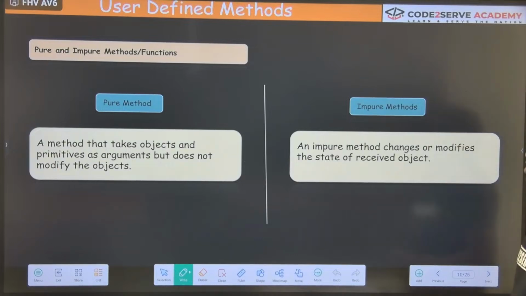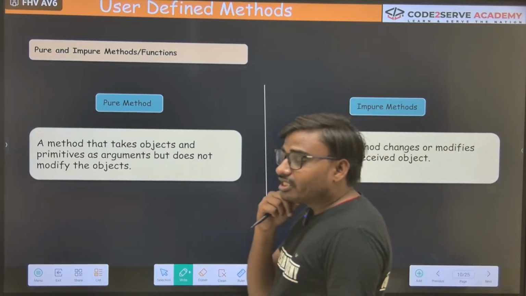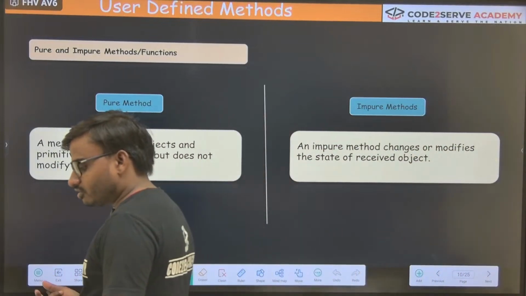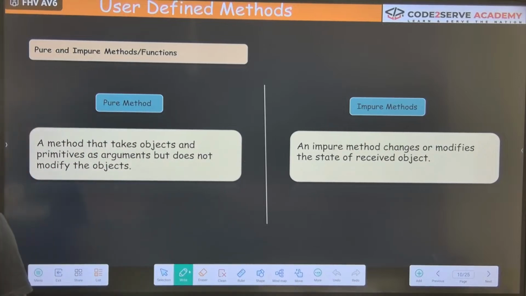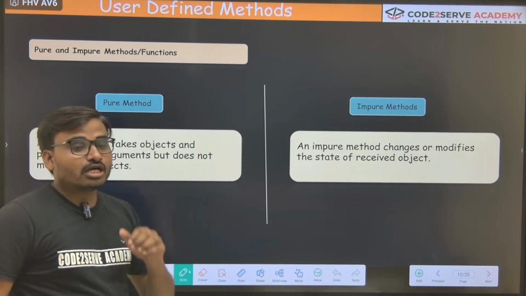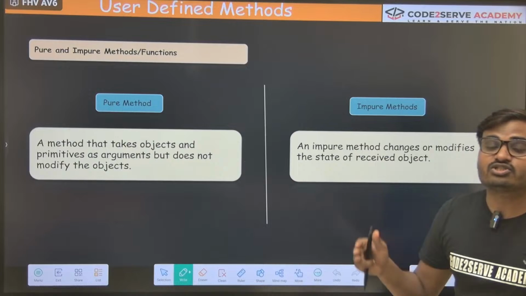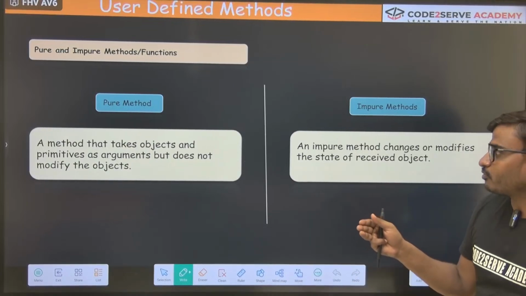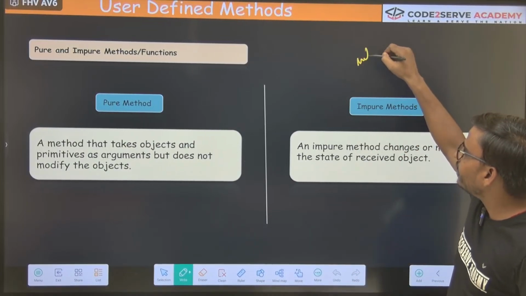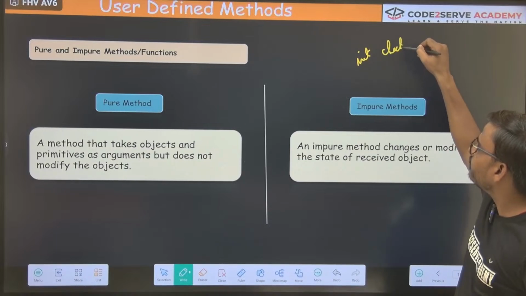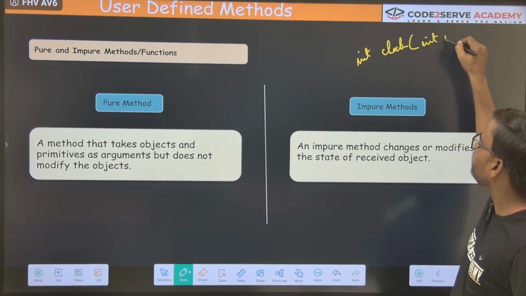All right, so now there are two types of function generally you can categorize as pure and impure. These two categories come based on the argument that you are getting, like what changes you do to the argument. Suppose you see over here int check is given and there is int a.